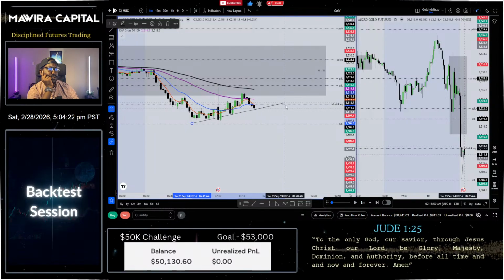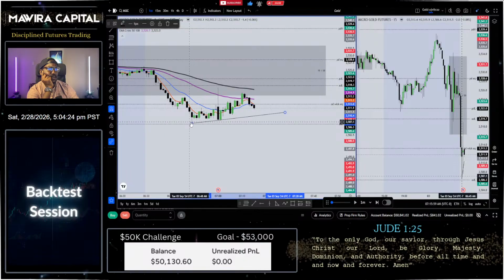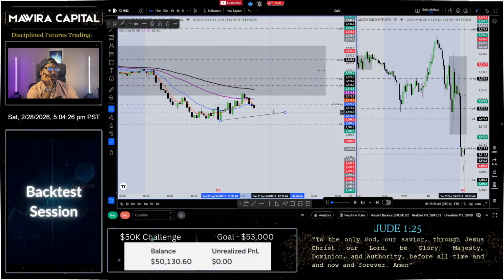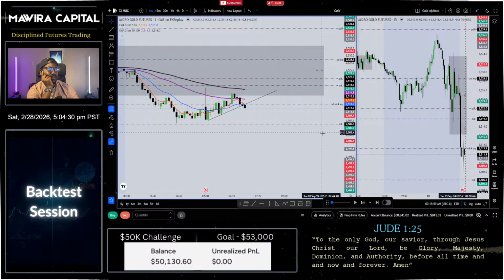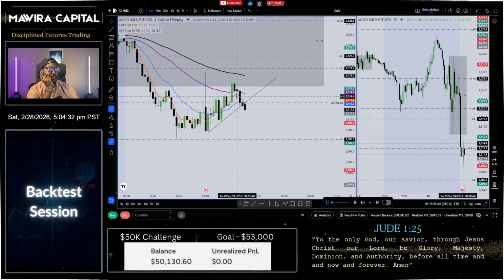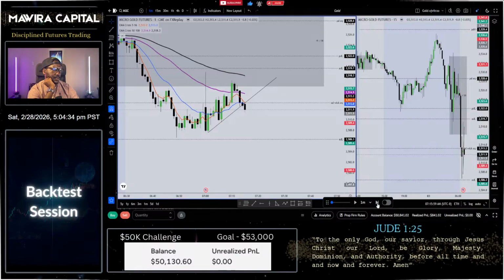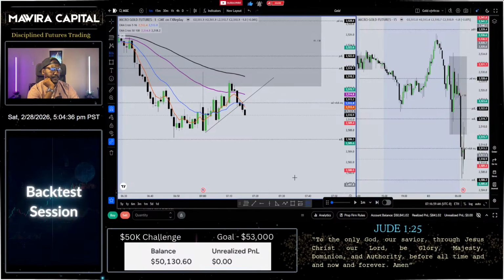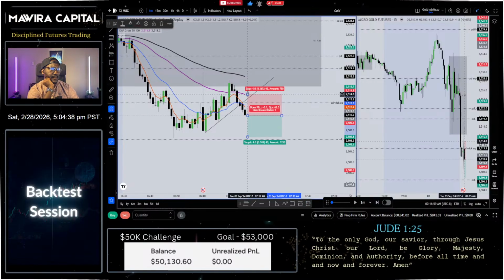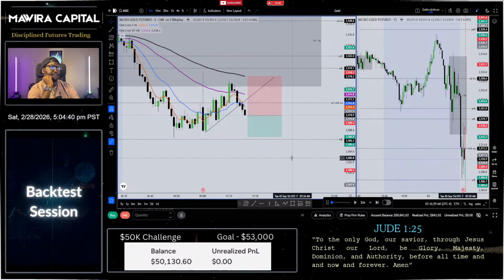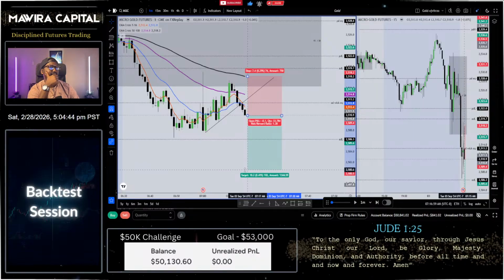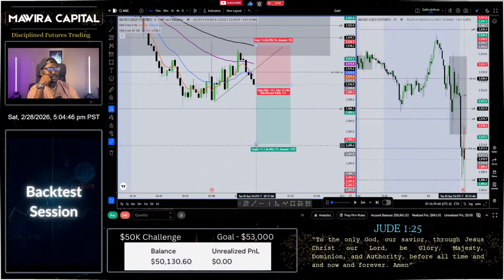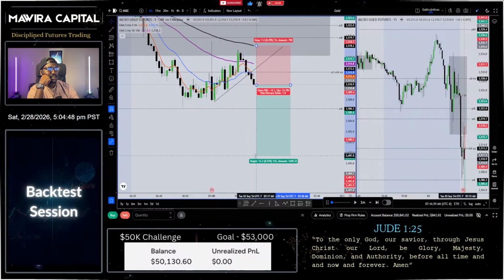But since we did not, actually that's an entry right there. I just need that EMA to cross. There we go. That's a trade I want to take. The old daily low is just right there. There are no levels that I saw on the higher time frame.